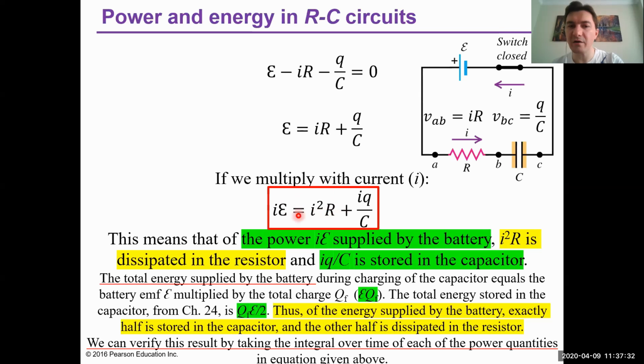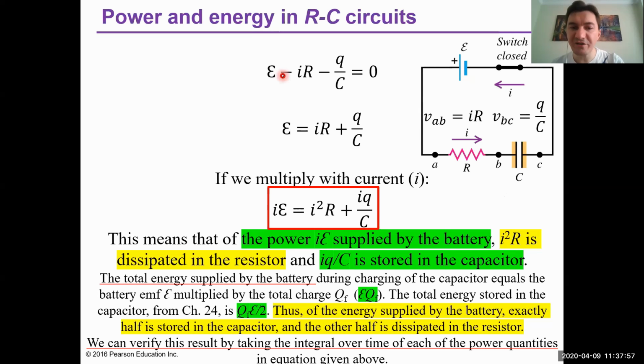I squared R, we have learned all these things. This is power, this is power, this is also power. So this is the power supplied by the battery, okay? Some part of this power is dissipated within the resistor, and some part of the power is stored in the capacitor, okay?